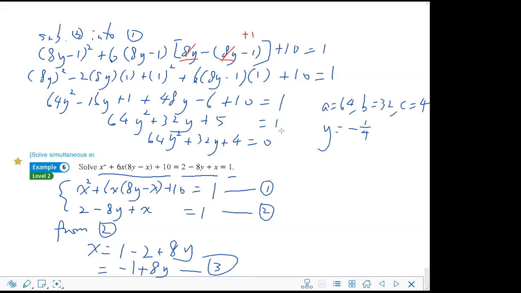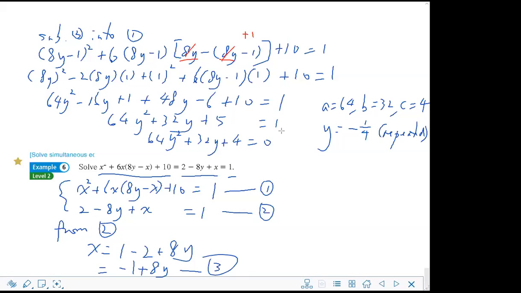Okay, but both of them are negative 1 over 4, which means that it is a repeated root. So there will be only one answer here. But y is equal to negative 1 over 4. You need to calculate the value of x also.